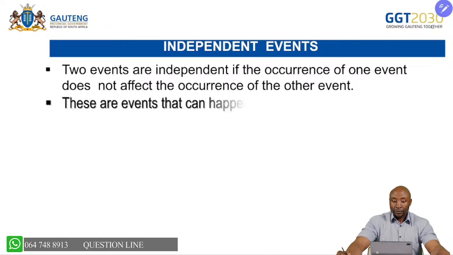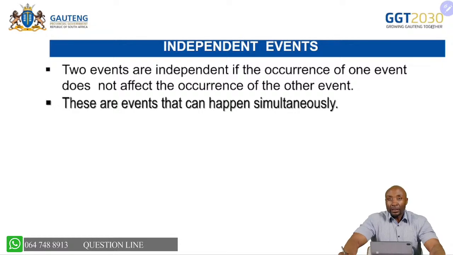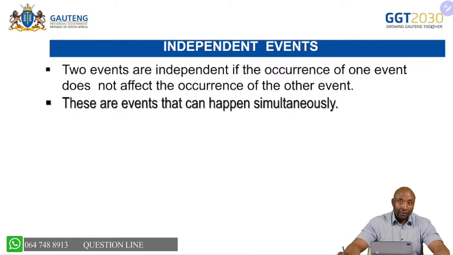Also, I can toss two coins at the same time and I can get different outcomes, because the occurrence of any one of those outcomes is not influenced by what the other outcome is.